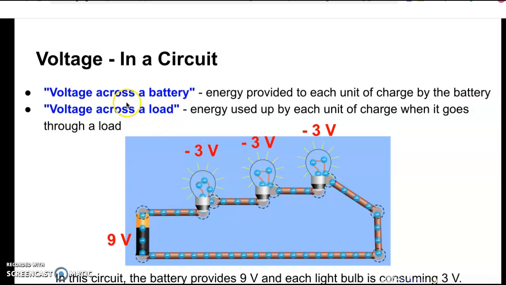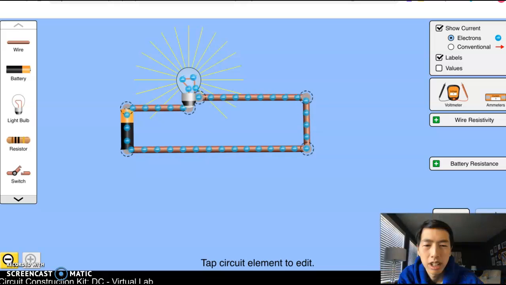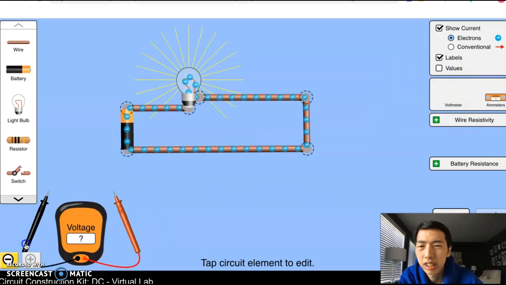And I want to try to explain why we use the word across when we describe this. So I'm going to go back to my virtual circuit construction kit. And I'm going to show you how to measure voltage. So over on the right here, I'm going to grab this device, which is called a voltmeter.